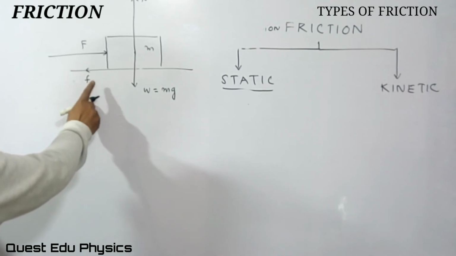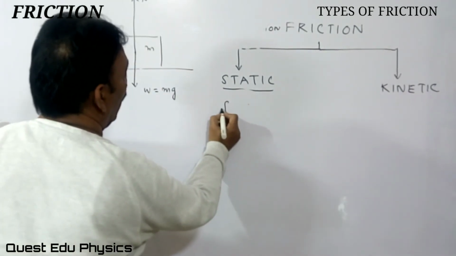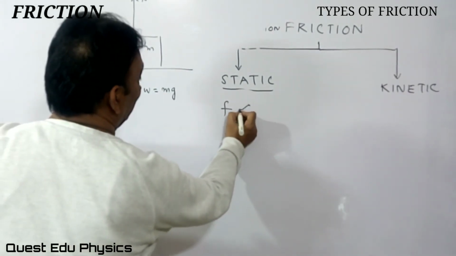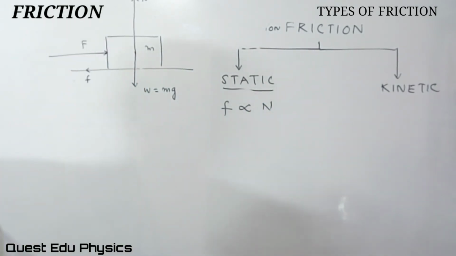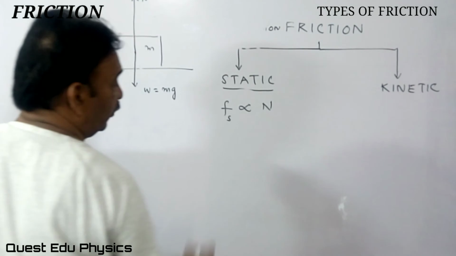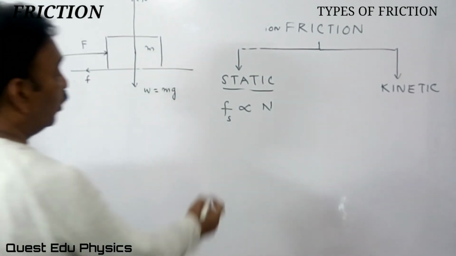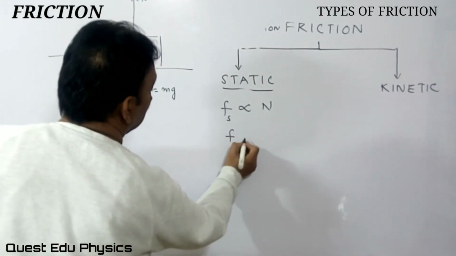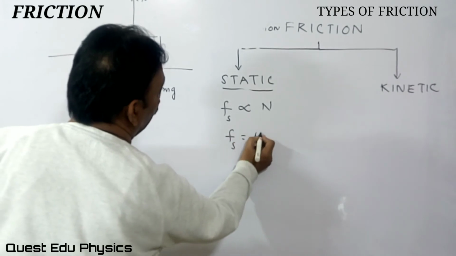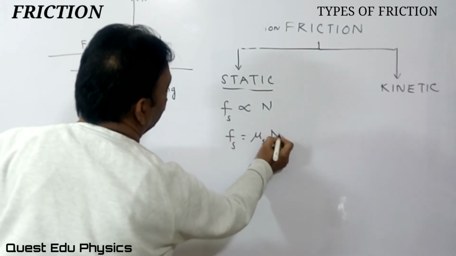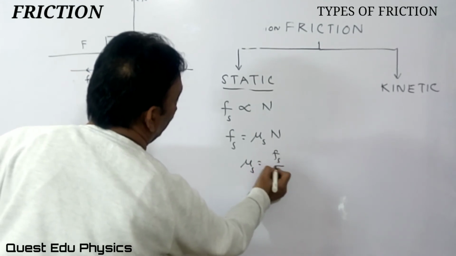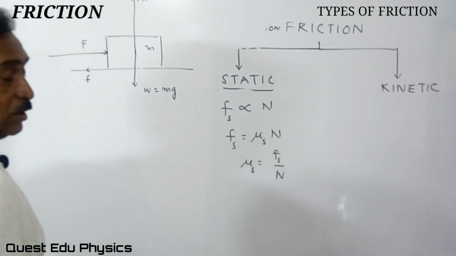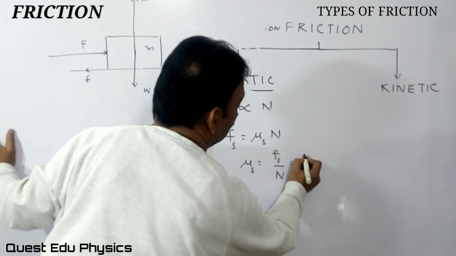The magnitude of the static frictional force is directly proportional to the normal reaction. In other words, you can write Fs is equal to mu s into N, or mu s is equal to Fs by N. Okay, students, here what is this?